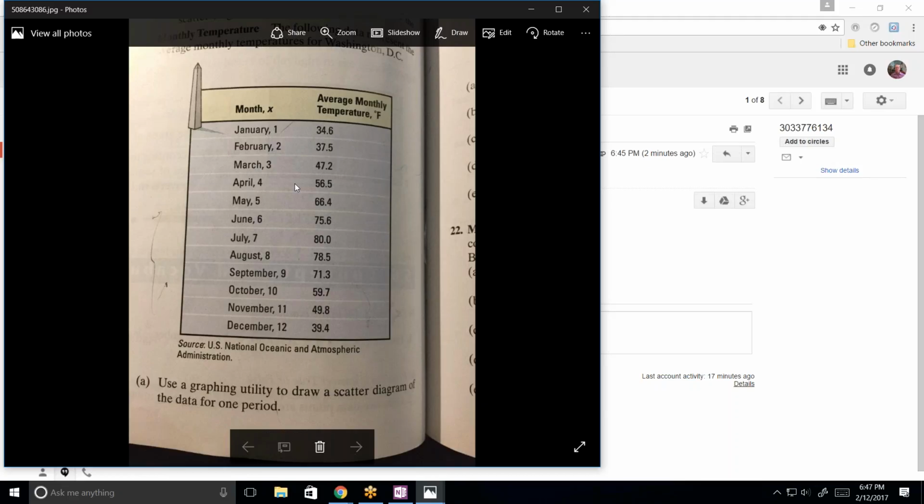Now, this sinusoid curve can be applied to 1,000 different periodic behaviors. Temperature is just one of them. The reason they start you off with temperature is because there's no phase shift, so it tends to be a little easier, as opposed to the Ferris wheel problem, where you can easily draw the entry point at some place that's not the bottom or the middle, which means you're going to have a phase shift.